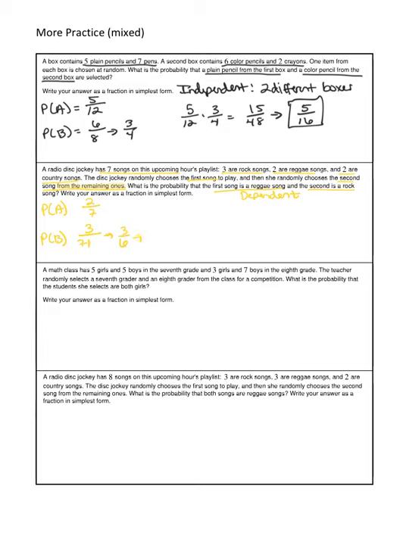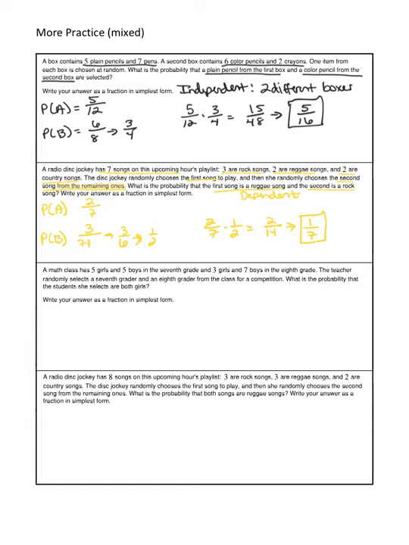I'm going to reduce that probability to 1 over 2. I'm going to multiply 2 over 7 times 1 over 2 equals 2 over 14, which goes to 1 over 7. There is a 1 out of 7 probability that she will play first a reggae song and then a rock song.